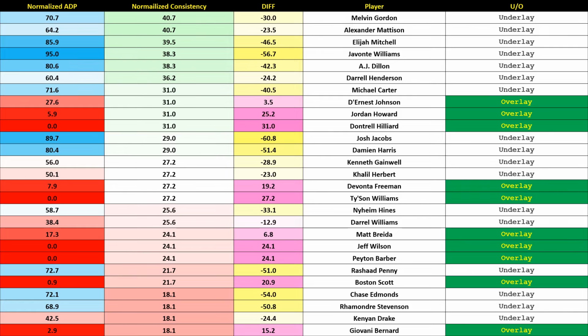You can look at some deeper plays, so-called sleeper plays. Maybe a sleeper is somebody like these people. D'Ernest Johnson, Dontrell Hilliard, Jordan Howard maybe, Devonta Freeman, Ty Johnson, Breida, Peyton Barber, Boston Scott, Bernard. These guys are almost free, a lot of what I just read. So they can be your 8th or 9th pick in a deep bench.